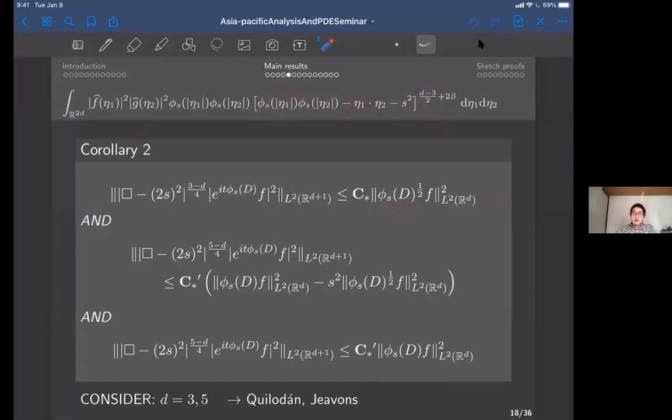And then the second nicest case is when the power is 1, which is when beta is 5 minus d over 4. In this case, we still have this kernel without power. And by symmetry, you can show that this second term is positive. So you can just drop it. Then you get this second inequality, in a kind of refined form of the Strichartz estimate.